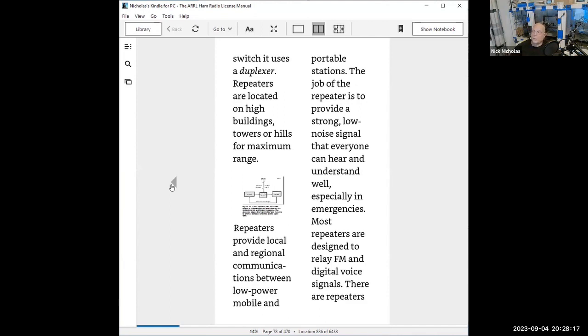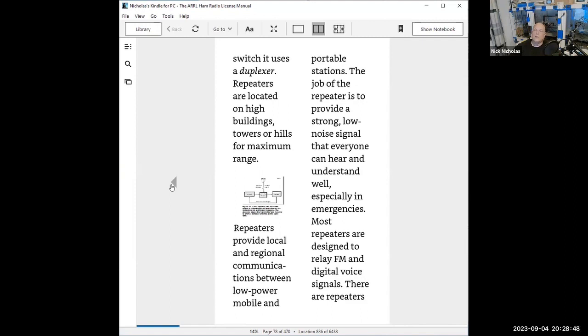In fact, to be more precise, the farthest I have worked in such an arrangement, I have talked on repeaters here in Michigan to people in Europe and Asia because of links from their repeaters to ours. Another example is I'm involved with a group that has put together repeaters along the east coast of Michigan.